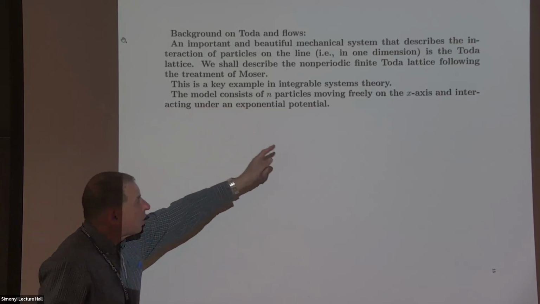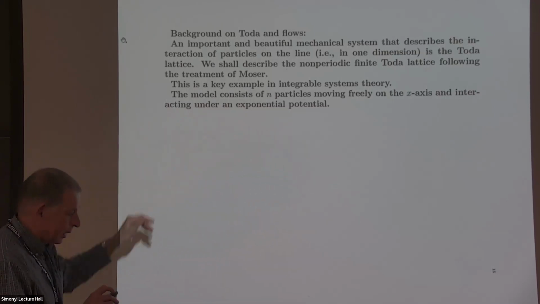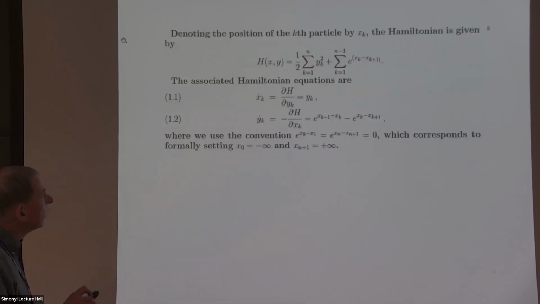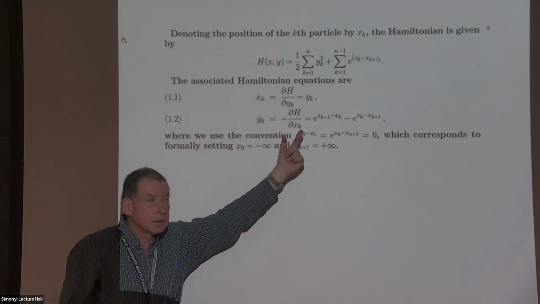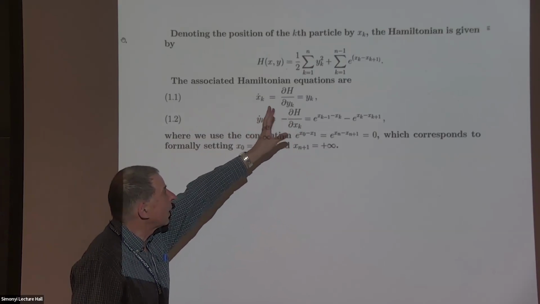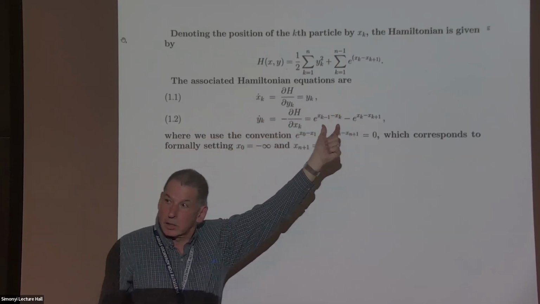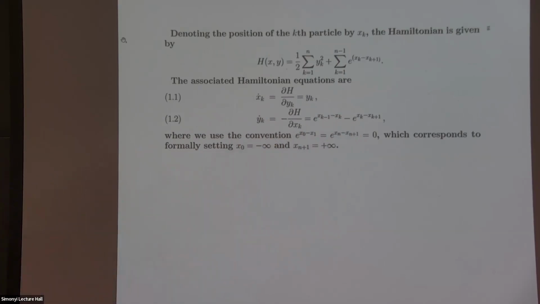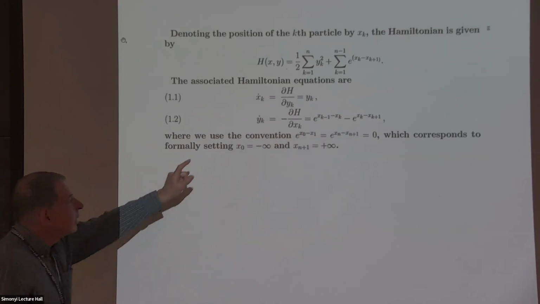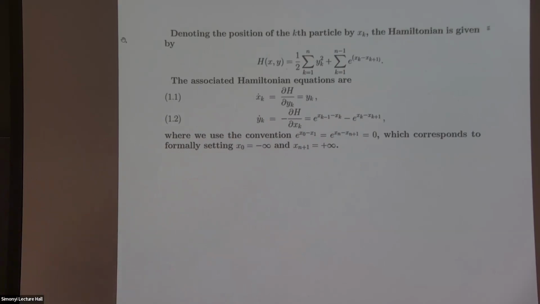So this is n particles moving freely on the x-axis under an exponential potential. This is the Hamiltonian for the system, which is the energy. I just have the sum of y_k squared, that's the momentum, and I have this nearest neighbor interaction, which is exponential: the sum from k equals 1 to n of e^(x_k minus x_(k+1)).